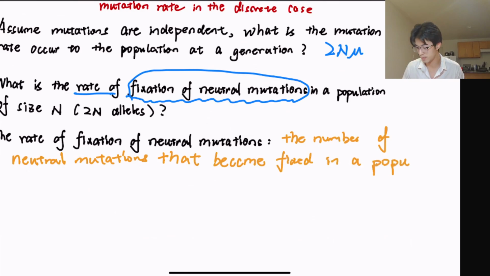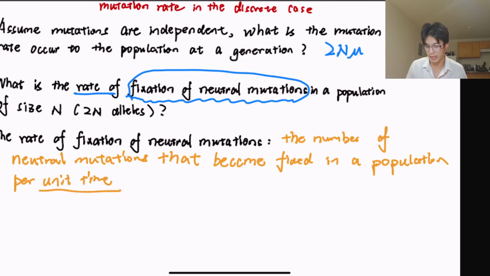Sorry, in a population. And this unit time in the discrete case is just per generation. And after we define this, it is actually very easy to see.